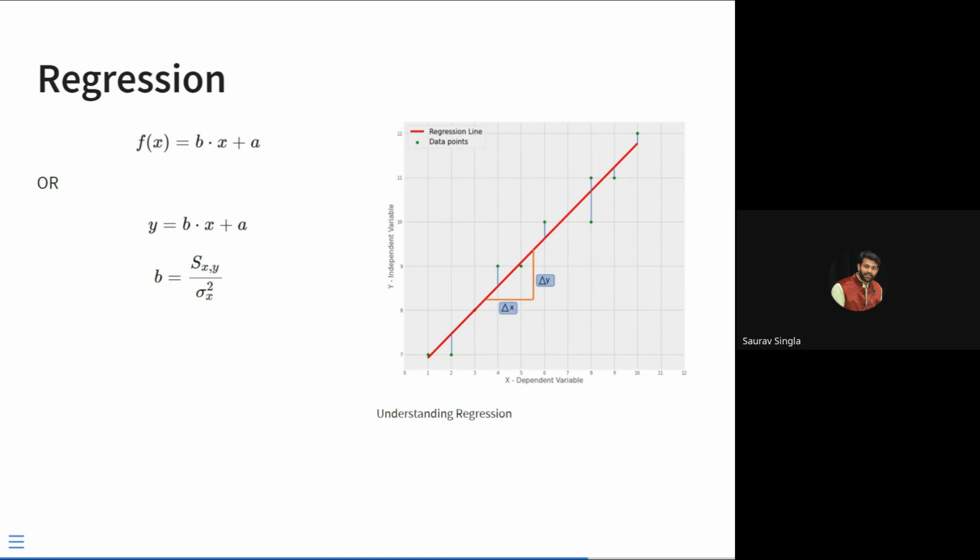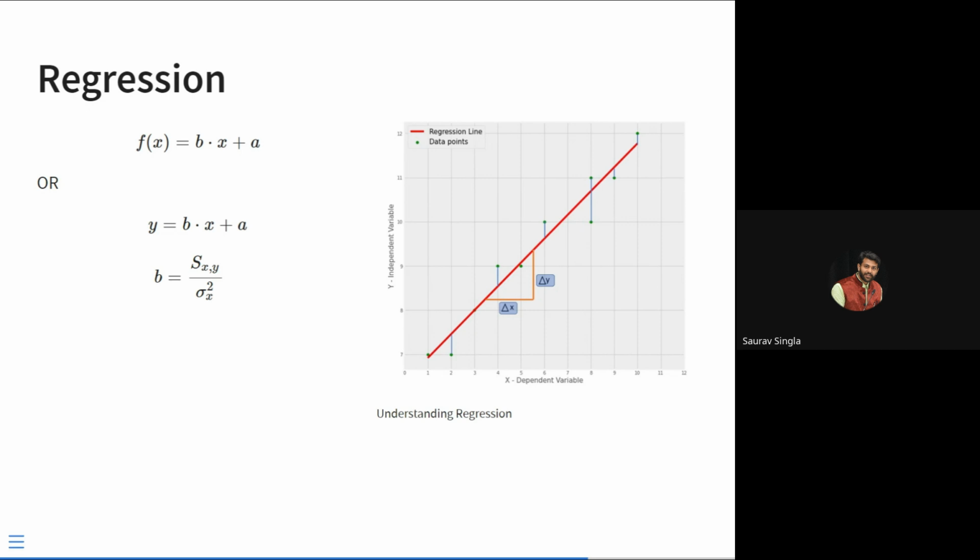So what we are doing, the correlation allows you to establish a linear relationship. It is telling you that there is this much degree of linear relationship between two variables x and y.